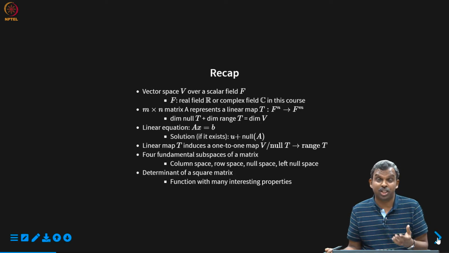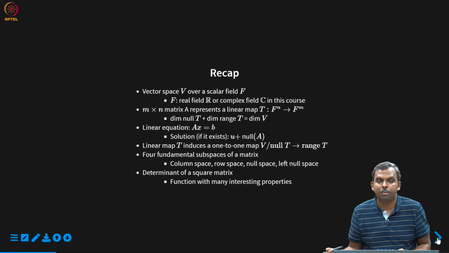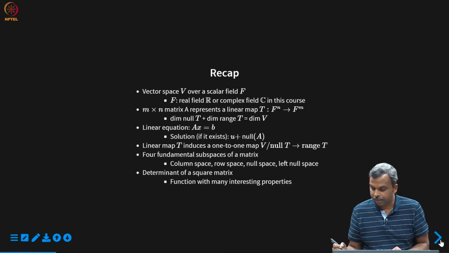We saw that this function has many interesting properties. It tells you so many nice things about the linear map once again, particularly invertibility. And it's preserved under the matrix algebra in a very nice way. Transpose doesn't change it. Multiplication has a simple relationship in determinant. So it's a nice function to know and be familiar with. So that's a recap.